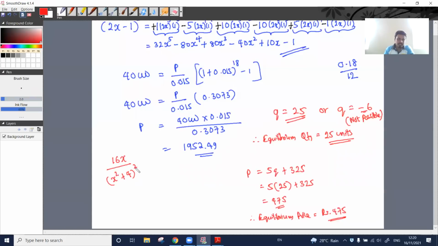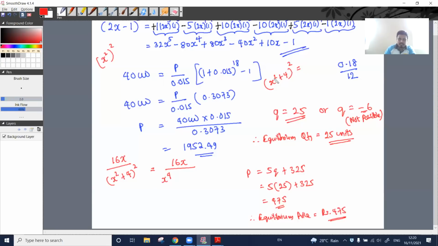If we need to further expand this, what we need to do? It should be what? X squared plus 4 the whole squared. This also needs to be expanded. How do we do that? The square of the first term. The first term is x squared. Its square, what does it become? X to the power 4.